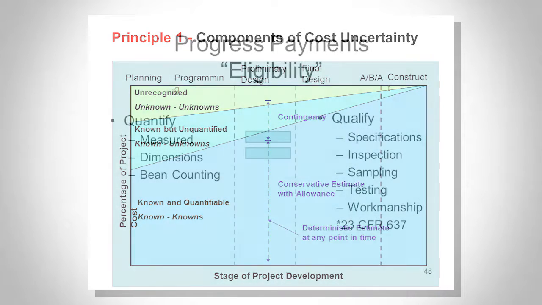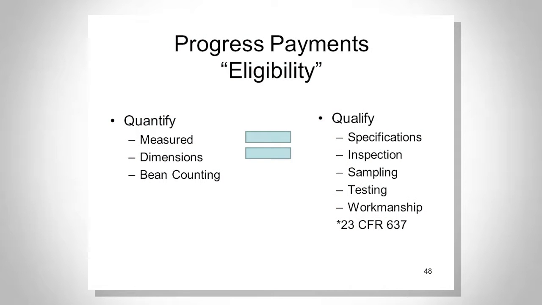Okay, and this is just, again, trying to show that for progress payments, I highly emphasize that whatever you quantify, that means you measured, counted out in the field, you also need to have the materials sampling frequency to match up with.